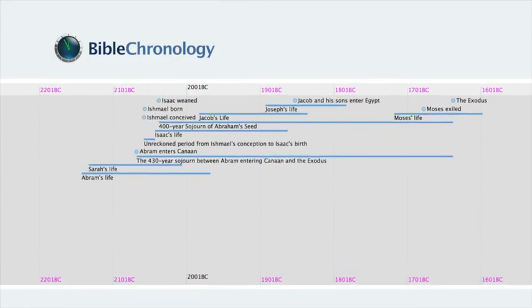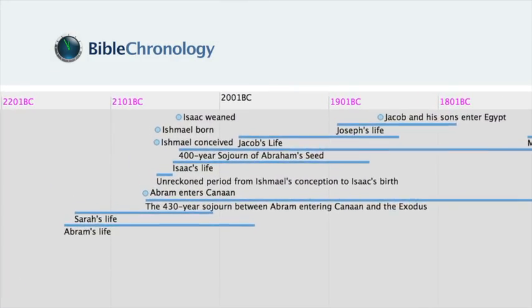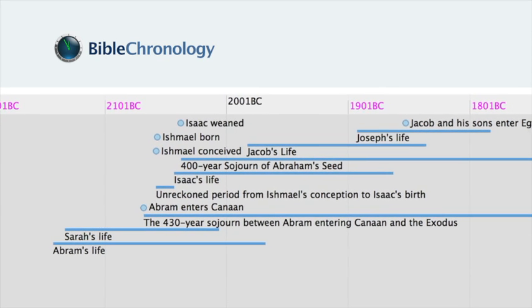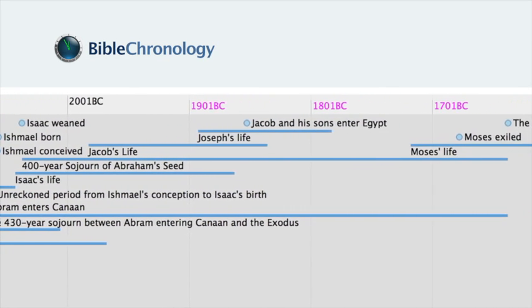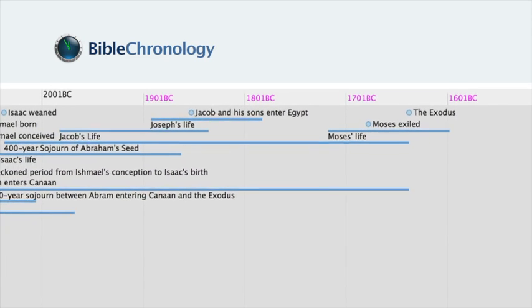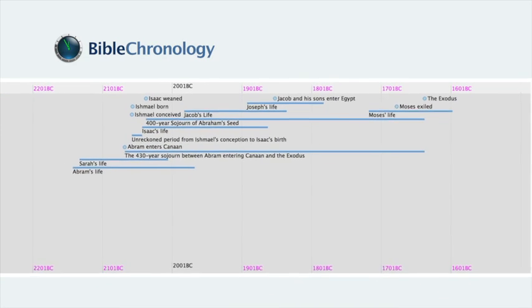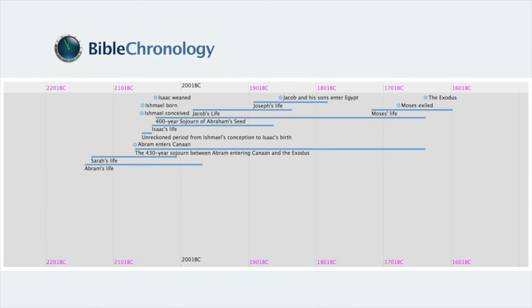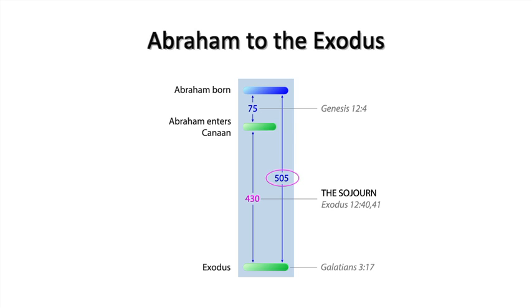Now we're going to summarize the whole Great Jubilee cycle from Abraham's birth to the Exodus out of Egypt. So, if we add up all these time periods, we will find that they add up to 505 years.